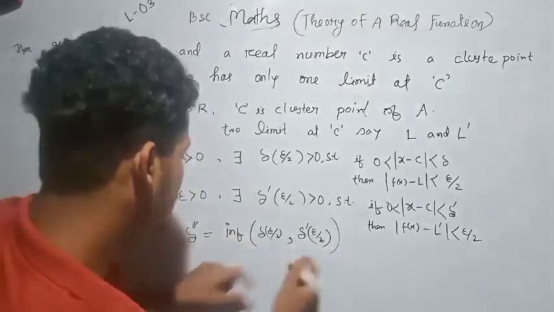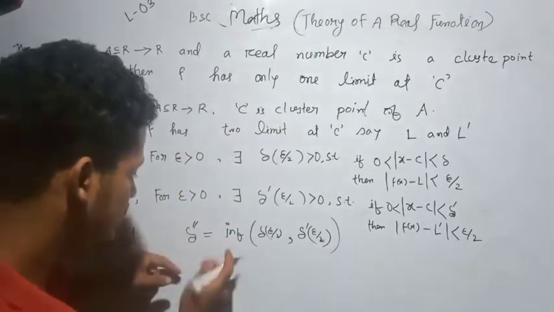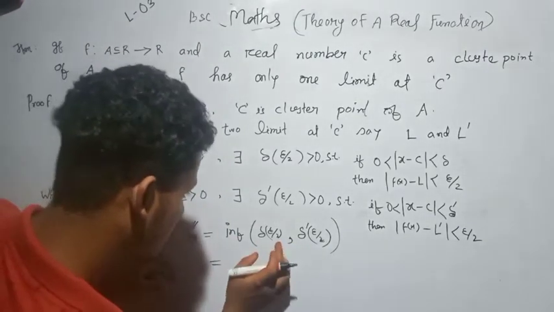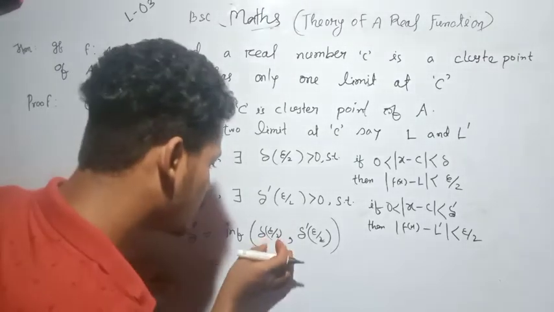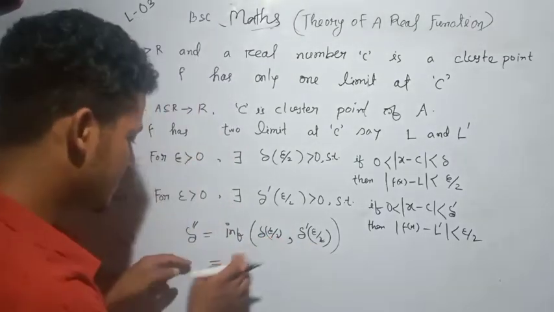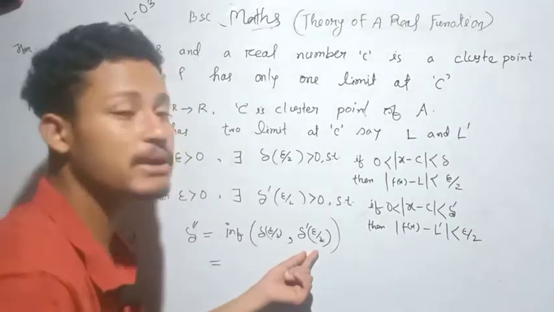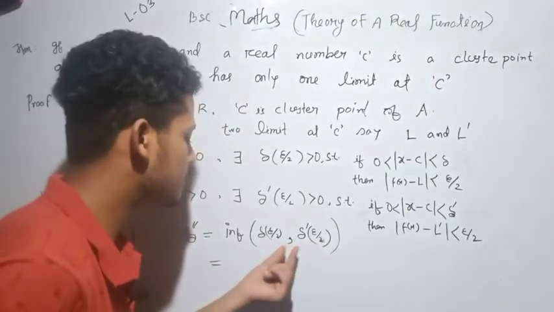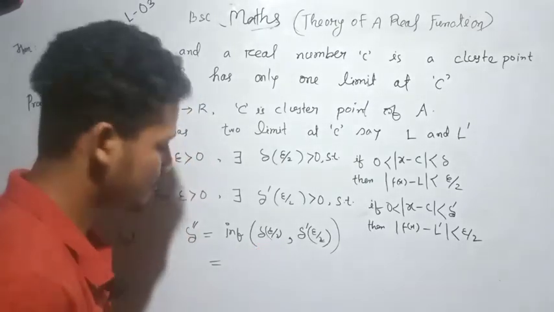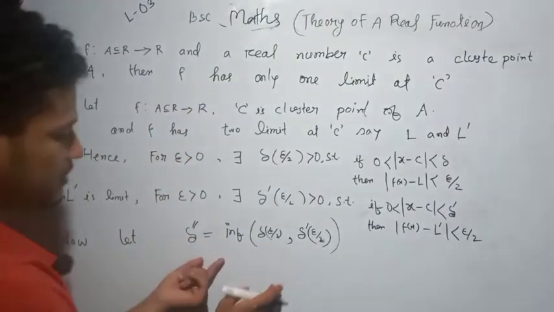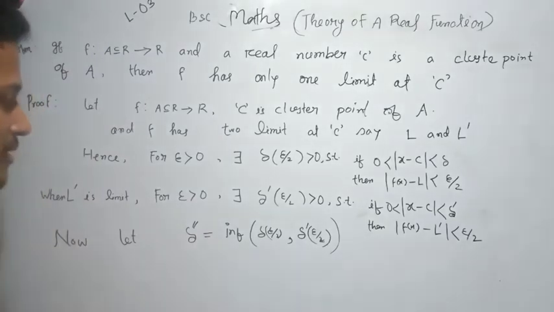It will be equal to delta of epsilon by 2 if that is smaller, and equal to delta dash of epsilon by 2 when delta dash is smaller than delta. Okay, this is what we have constructed.